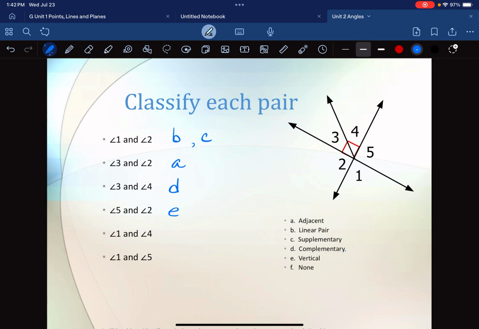They don't make the 90-degree angle, so they're not complementary. And they're really not vertical. One's vertical angle would be the right angle, and so they're just none. 1 and 5. Well, those are on the same side of the line. They make 180 degrees, so they are definitely a linear pair, and they are also supplementary. Okay.